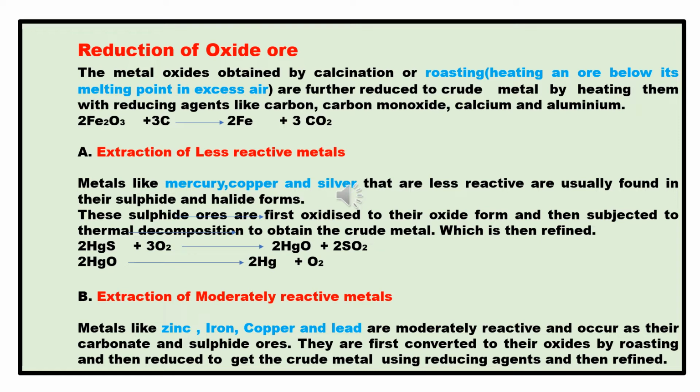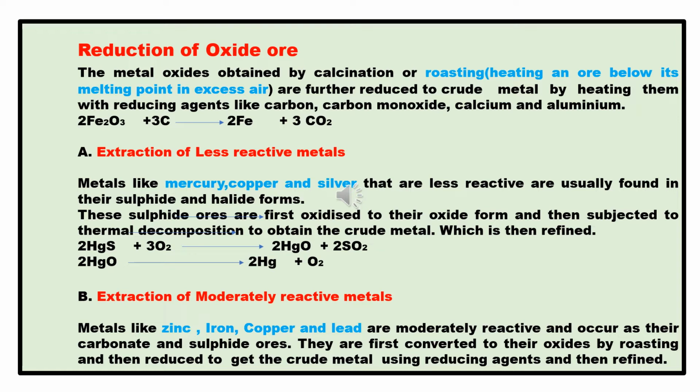So let's see the first one. Extraction of less reactive metals. So if the metal is very less reactive, how do we want to extract it? Metals like mercury, copper, and silver that are less reactive are usually found in their sulfide and halide forms.